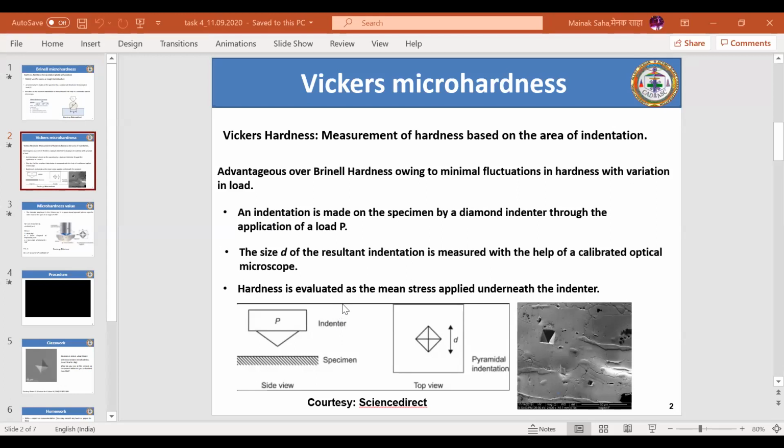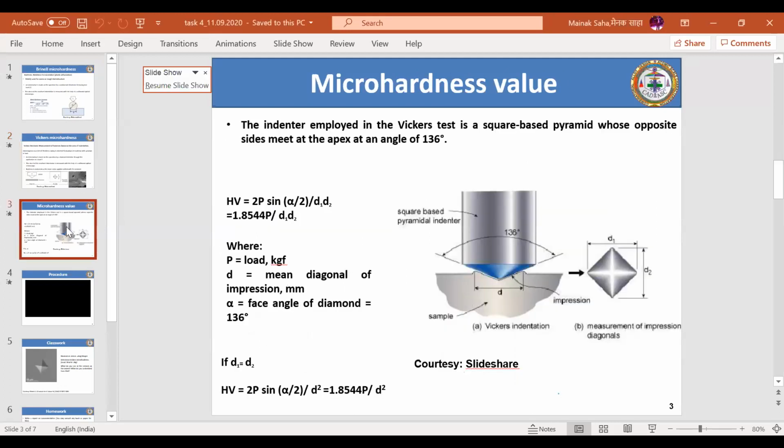It is a diamond pyramid indenter with a square base, and the included angle between the opposite sides of the pyramid is equal to 136 degrees. I will show you the geometry here. So this is the exact geometry. This is the indenter stand, which I don't have to worry about. This is the pyramid with its different faces.